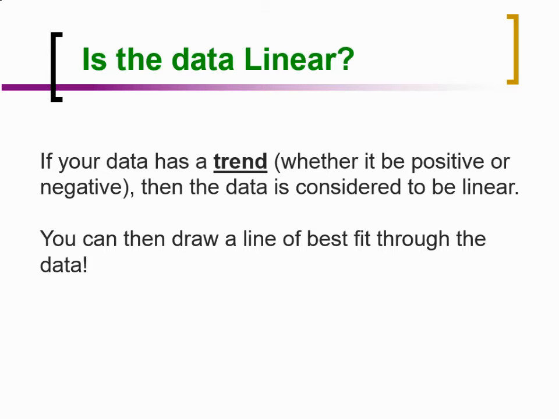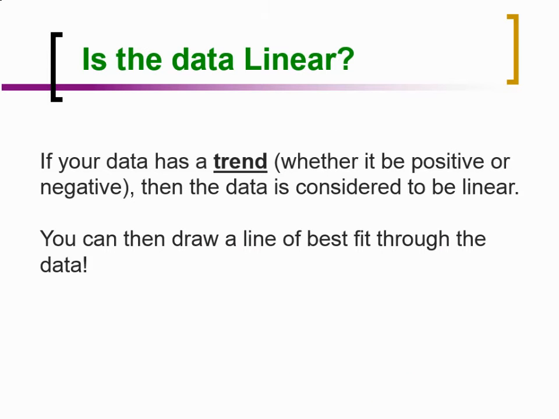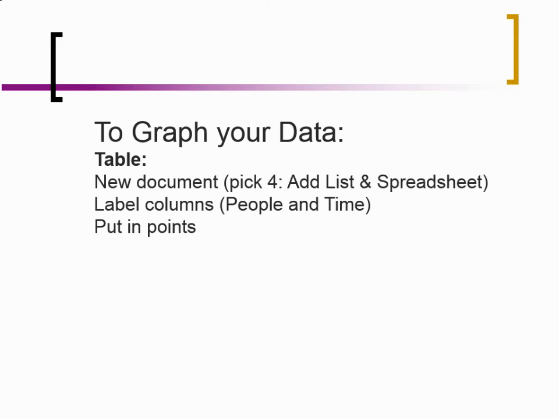So if you can identify that your data has a positive or negative trend, then you are going to say that yes, your data is linear. So for example, here we have linear data. Even though it's not in a perfectly straight line, it is linear. So if we have linear data, that's what allows us to draw a line of best fit through our data. So I just wanted to clarify that. You'll see that on homework, and now you have that in your notes.